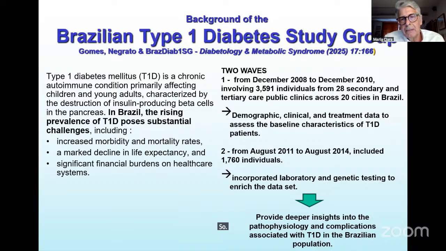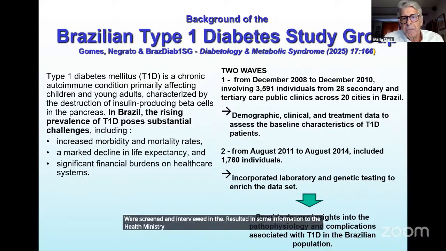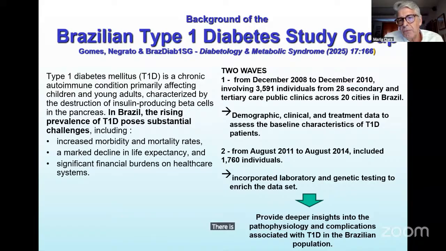At that moment, 3,600 individuals from different cities in Brazil were screened and interviewed, and they resulted in some information for the health ministry. There is another wave that is conducted by Professor Marília Brito Gomes, who also works at my university.